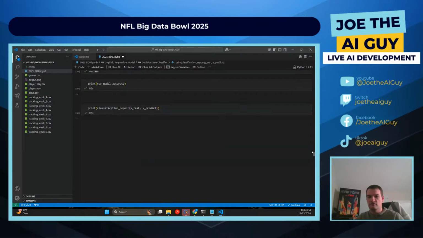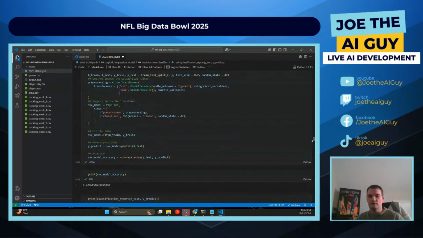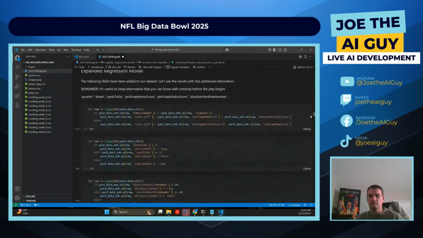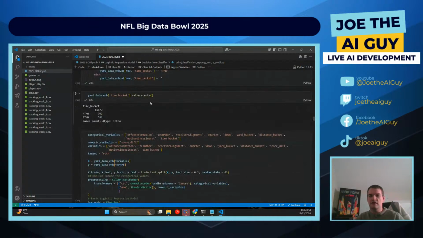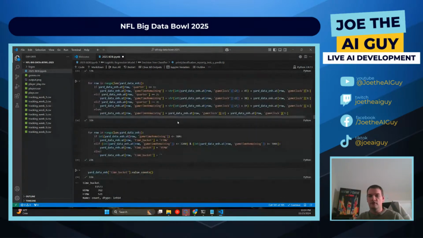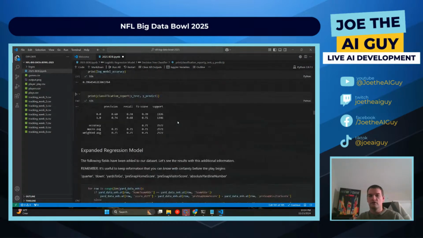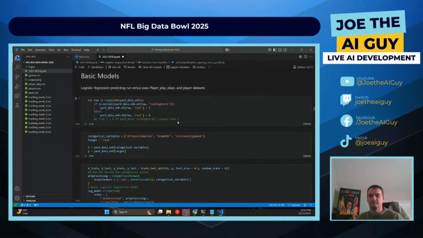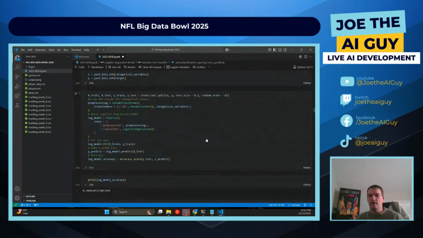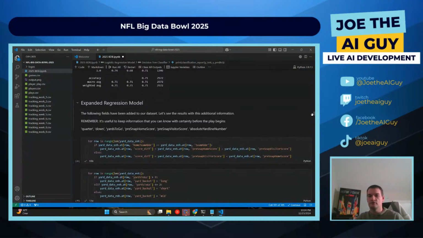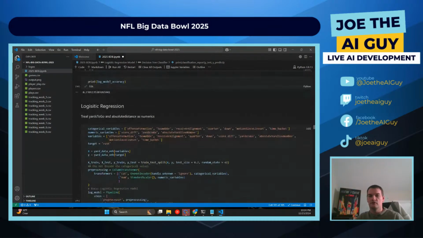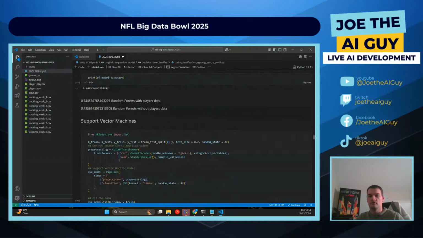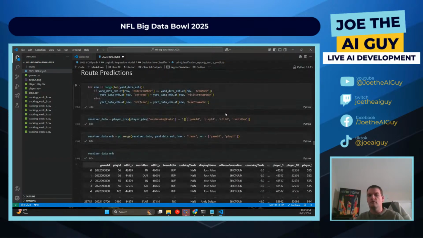So go up here. This is where we expanded things for the regression models. Let's do the route prediction section.